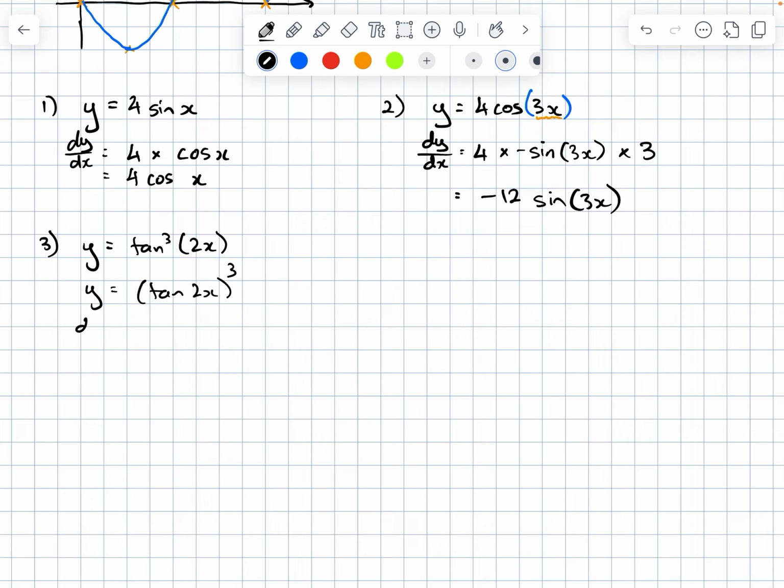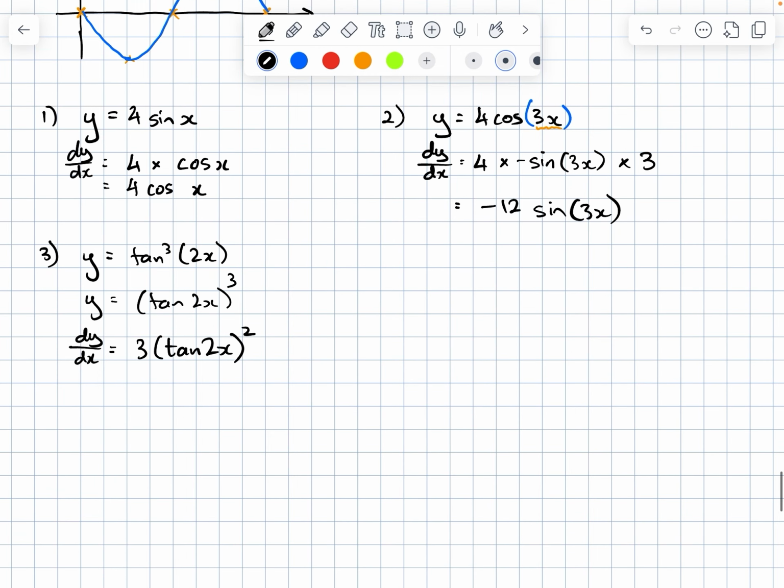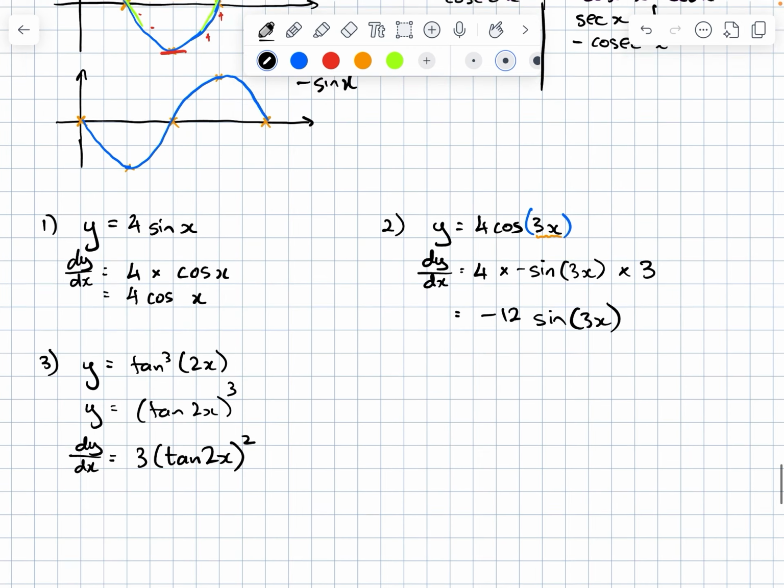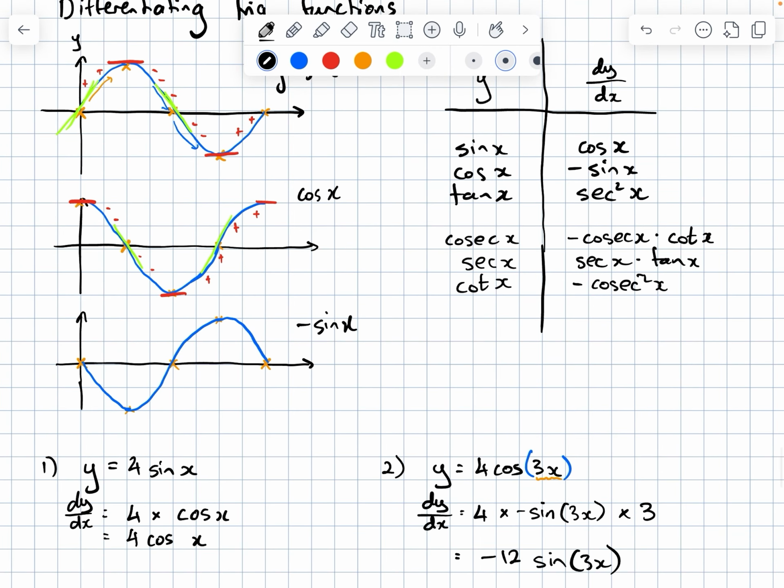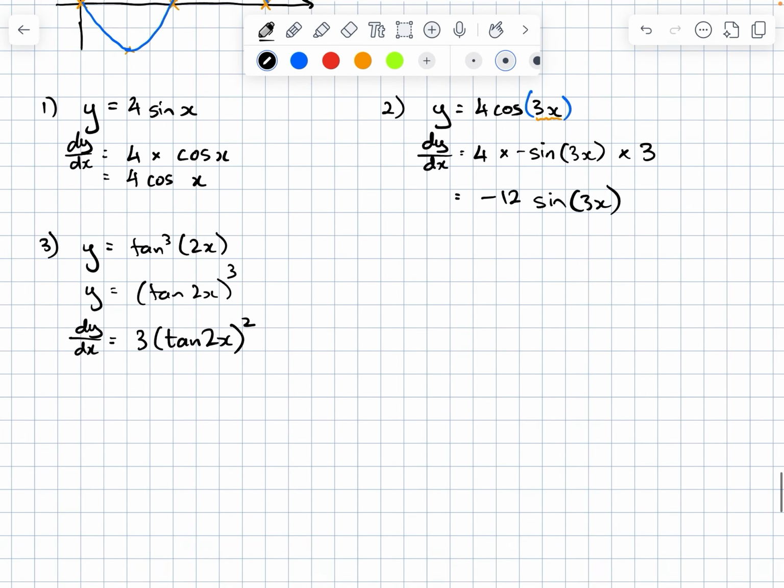So differentiating, bring the 3 in front, leave the inner function where it is, reduce the power by 1. That's the derivative of the outer function done. And now we're going to differentiate the inner function. So the derivative of tan 2x, look at our table, tan differentiates to sec squared x. So tan 2x will differentiate to sec squared 2x.